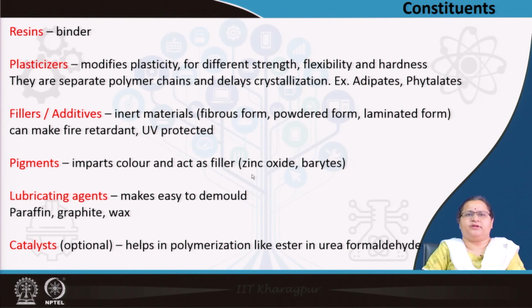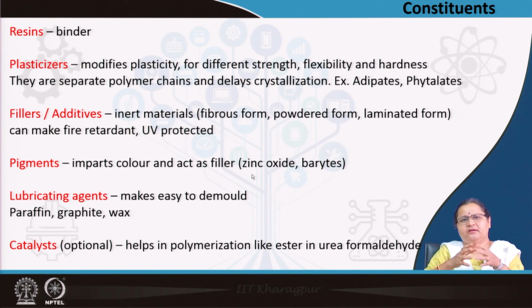Now, as I told you, the resinous part or the binder part is actually the plastic or the polymer part. Like in paints, you learnt that the base is actually giving the body to it.